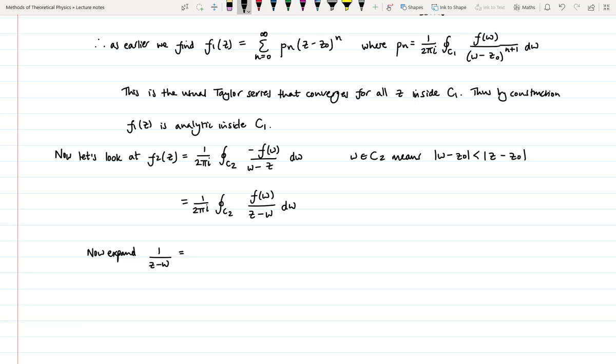We're going to have (z minus z naught) minus (w minus z naught). Now we're going to take out a factor of z minus z naught in the denominator, and that will leave us with 1 minus (w minus z naught) over (z minus z naught). And you'll see that this is very similar to what we had for f1 of z above. We can spot that this is going to be a convergent geometric series.